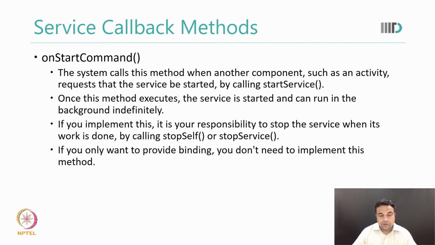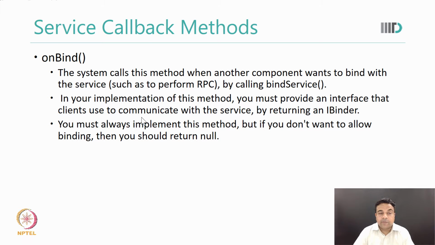Now, let's move on to the second method. The second important method is the onBind method. The system calls this method when another component wants to bind with the service, such as to perform RPC, by calling bindService.